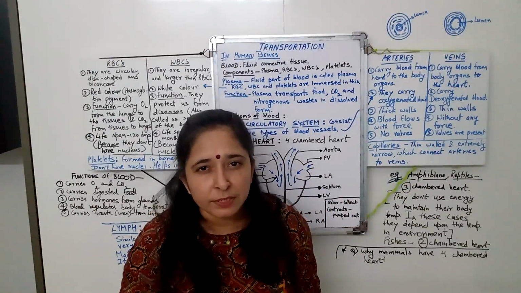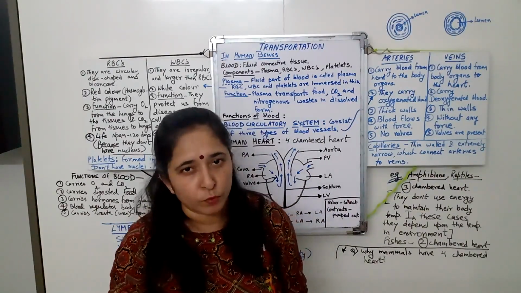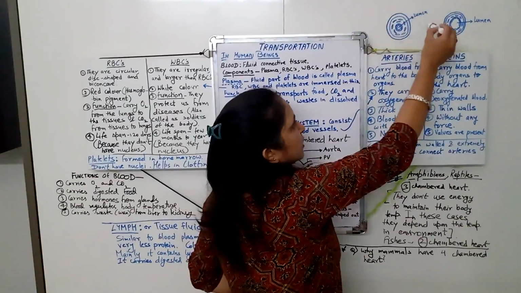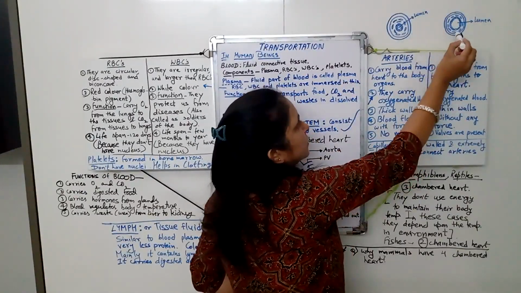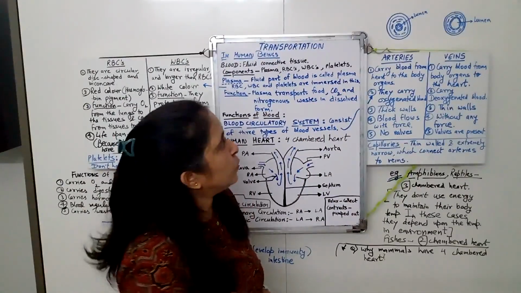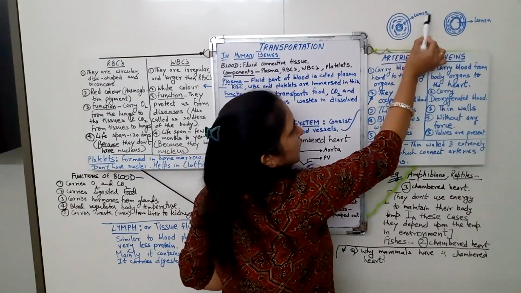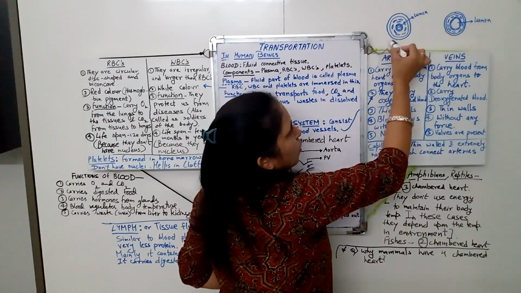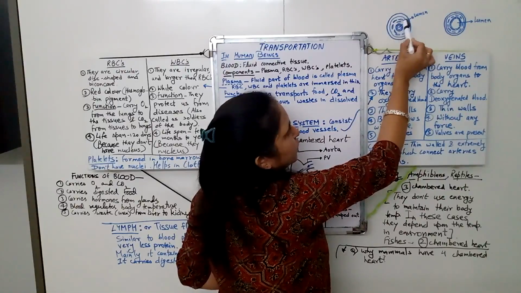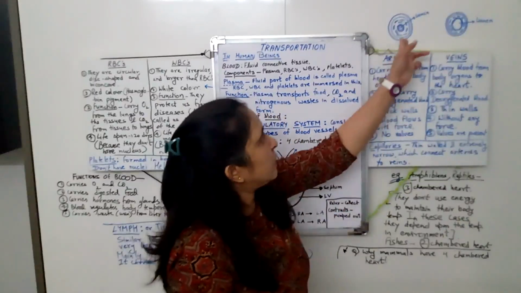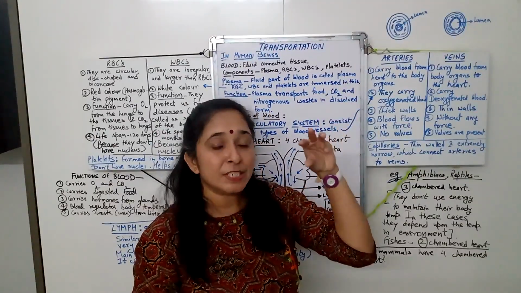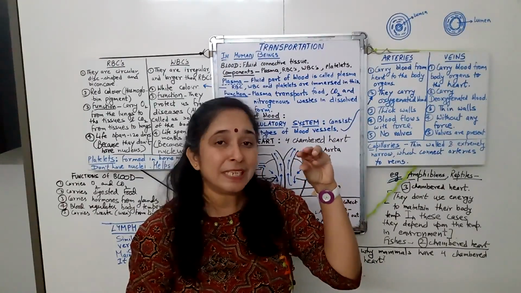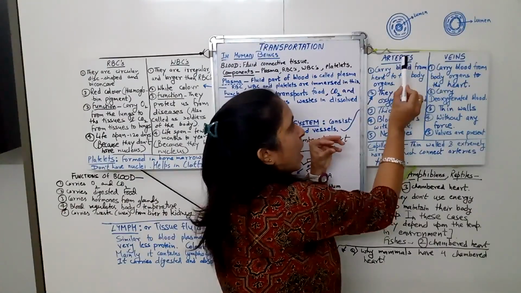Now, what is the main reason for with force and without force? Here I have drawn one structure. This is a TS of artery and this is a TS of vein. Here you can see I have labeled the lumen. This one is the outer and inner membrane and in the center you can see a small circle. This opening, the lumen, is very narrow. So the lumen is narrow in the case of arteries.